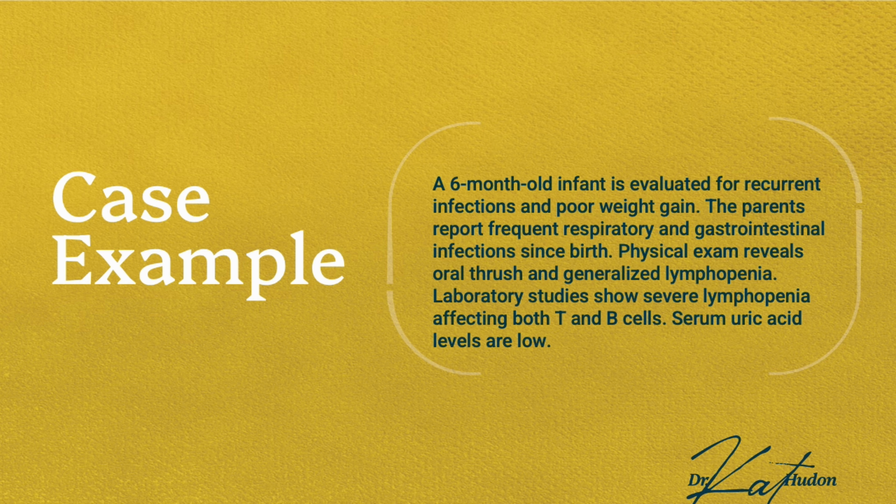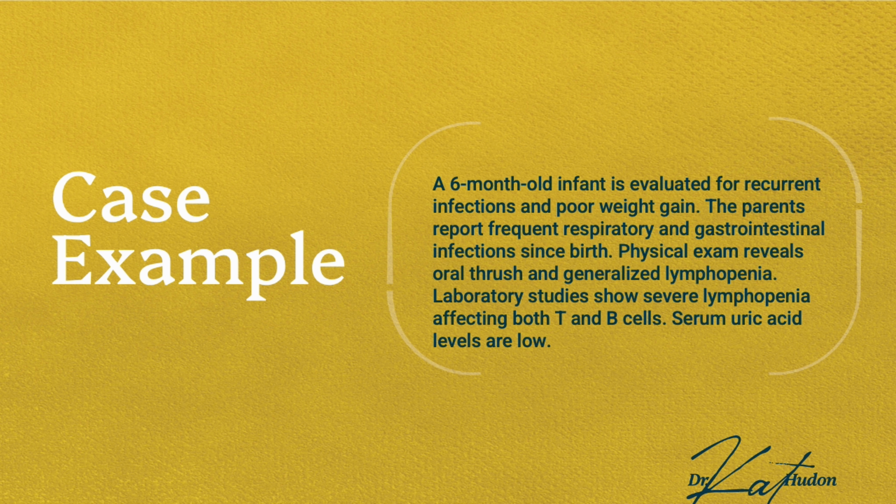Low uric acid tells me there's a problem in purine metabolism, specifically in our purine breakdown. One of the most classically tested purine disorders is adenosine deaminase deficiency. In ADA deficiency, our toxic purine metabolites accumulate and are very harmful, especially to our lymphocytes. That leads to a very profound T cell and B cell dysfunction, which is explaining our recurrent infections, thrush, and the lymphopenia.